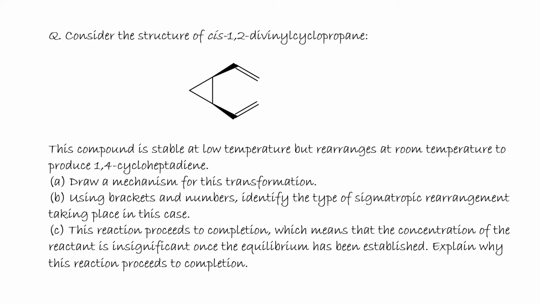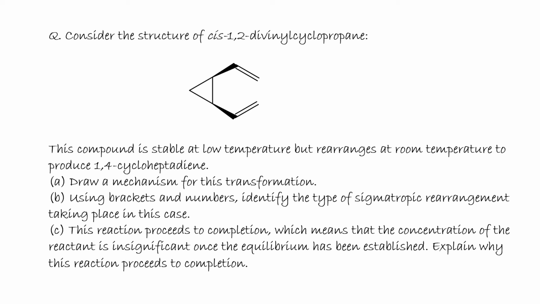Using brackets and numbers, identify the type of sigmatropic rearrangement taking place in this case. This reaction proceeds to completion, which means that the concentration of the reactant is insignificant when the equilibrium has been established. Explain why this reaction proceeds to completion.